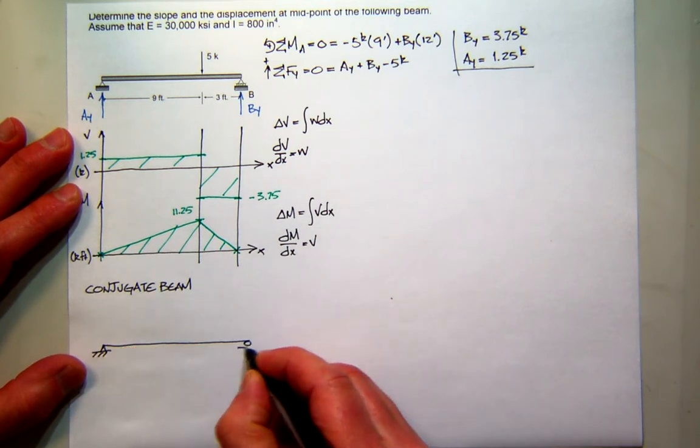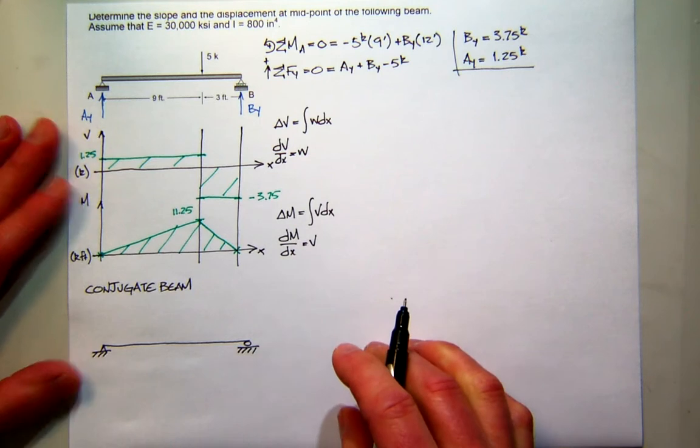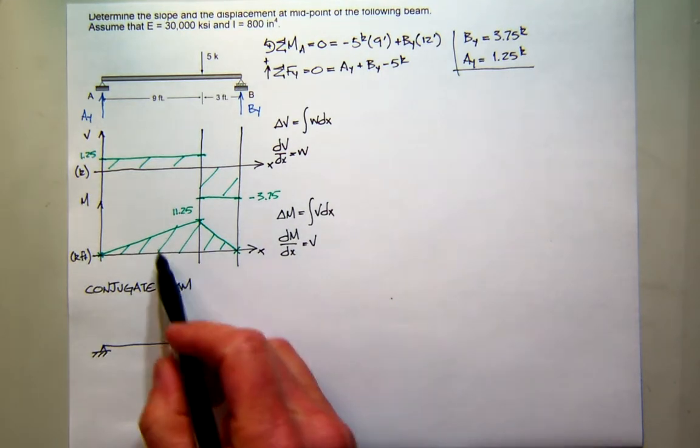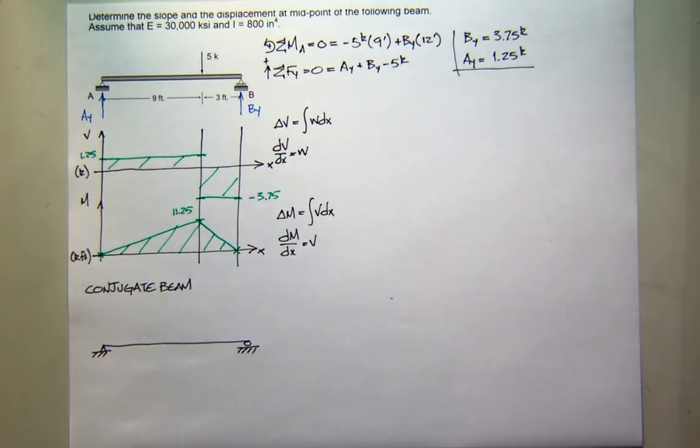What will change is the load. Now this is all positive moment, so when we apply it as load in the conjugate system, it's going to be a positive load, and a positive load is up.